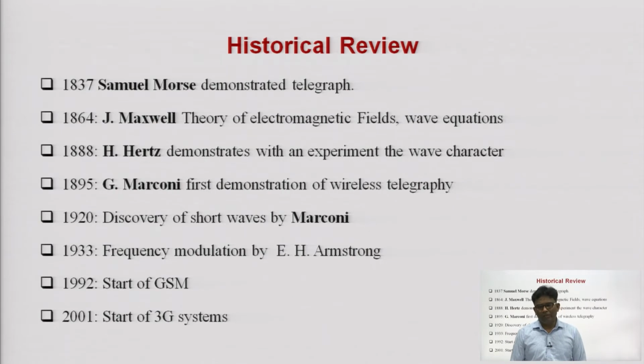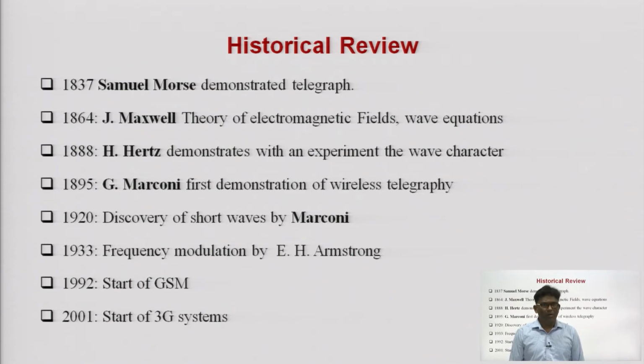And then in 1895, Marconi first transmitted information wirelessly, and around 1920 short waves were discovered and amplitude modulation was commercially utilized for the transmission. Although the concept of amplitude modulation was demonstrated somewhere around 1905, commercially it started in 1920.